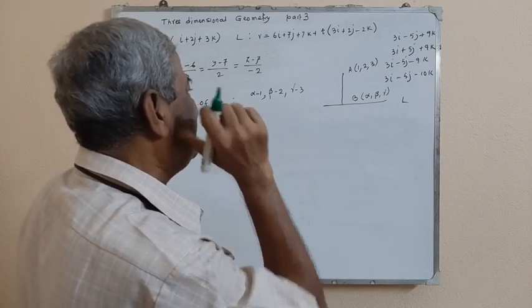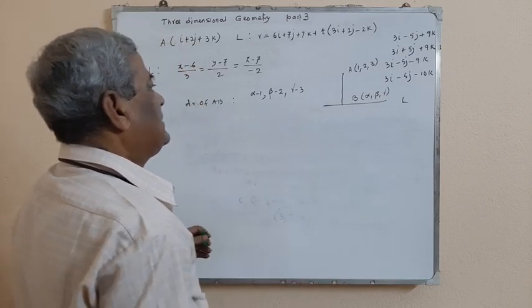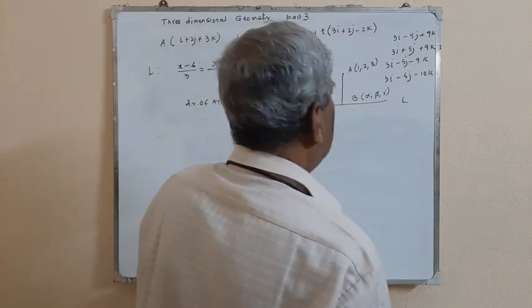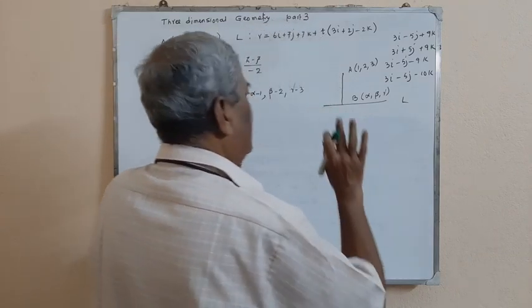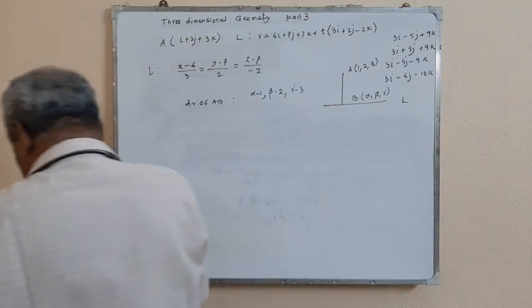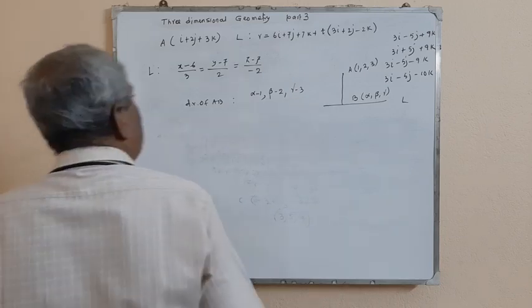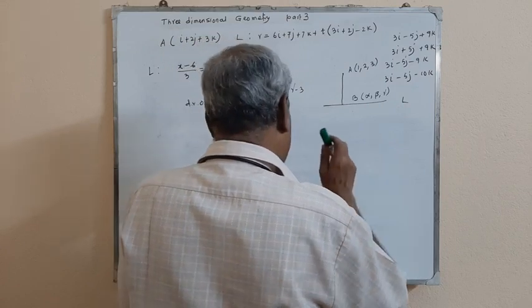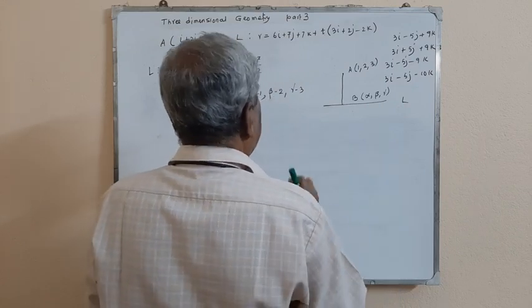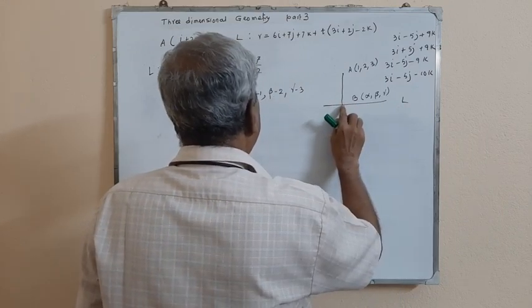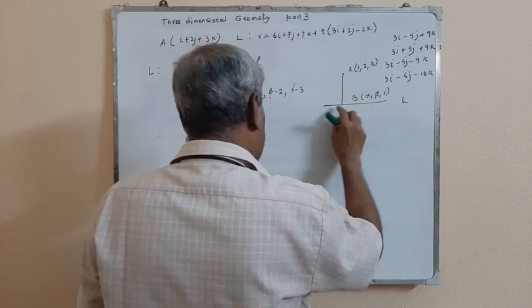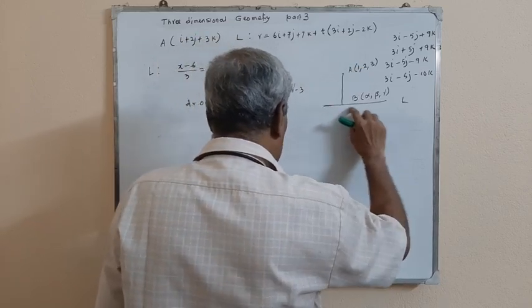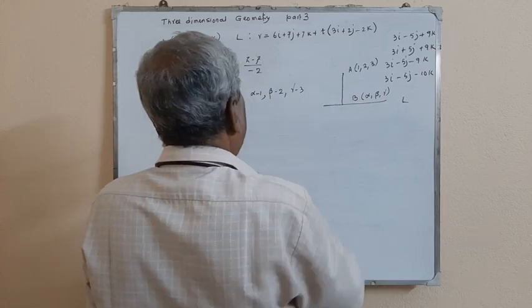Actually, first of all, I assume that B is a point on that line as well as on this line.